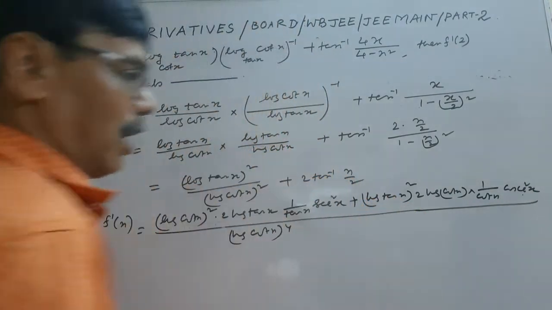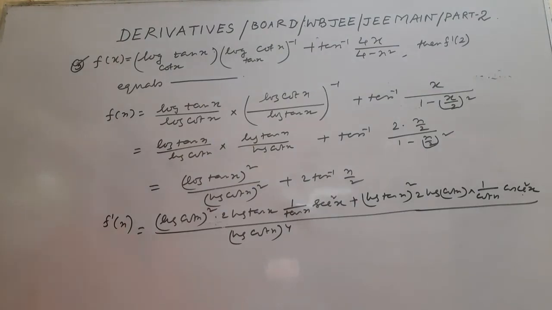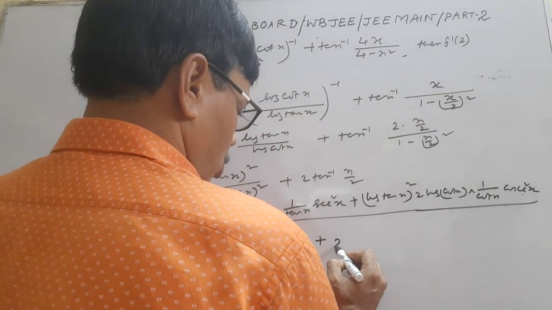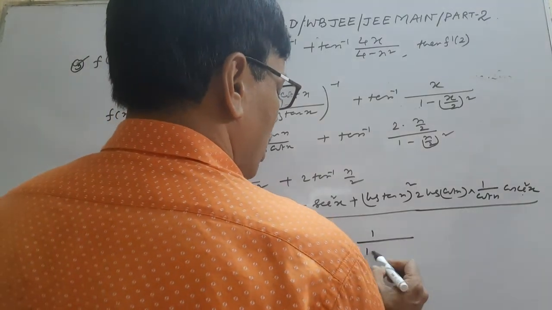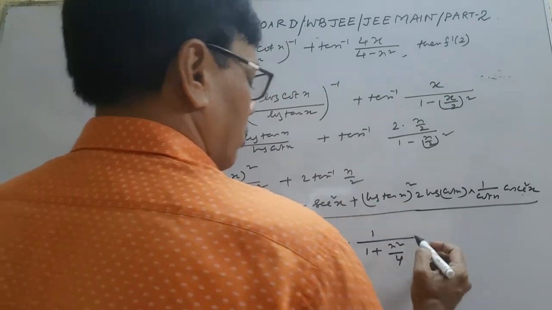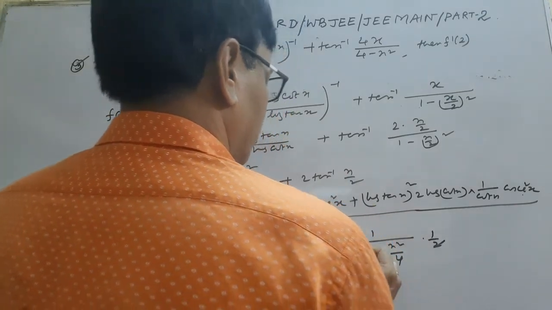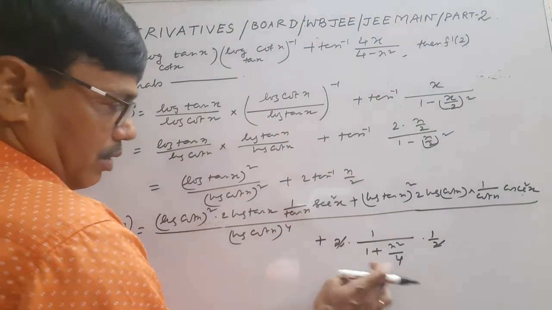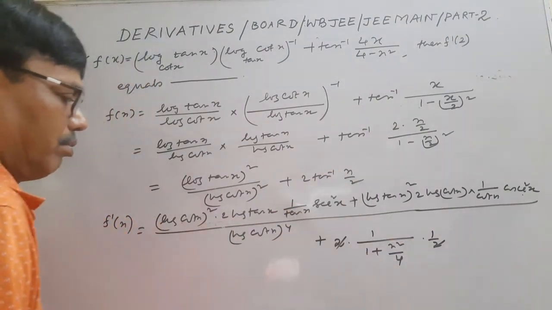So this is plus. So this is the derivative of this part. This one is 2 unchanged, 1 plus (x square by 4) into d/dx of x by 2, which is half.